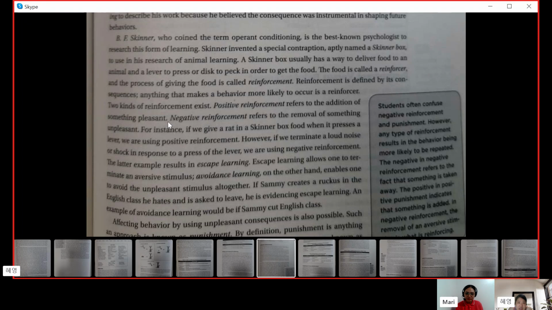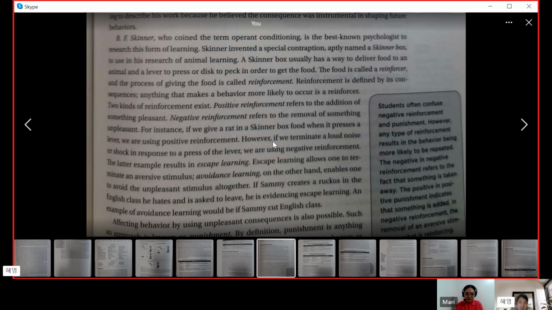For instance, if we give a rat in a Skinner box food when it presses a lever, we are using positive reinforcement. However, if we terminate a loud noise or shock in response to a press of the lever, we are using negative reinforcement.